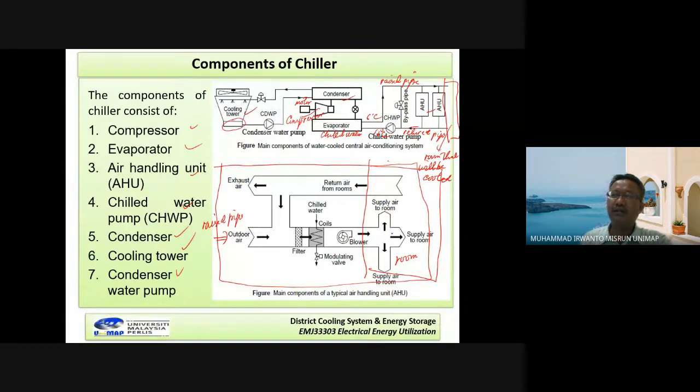Then the hot air will be absorbed through this one, and contain the other chilled water here, and then it goes back through this return pipe here.